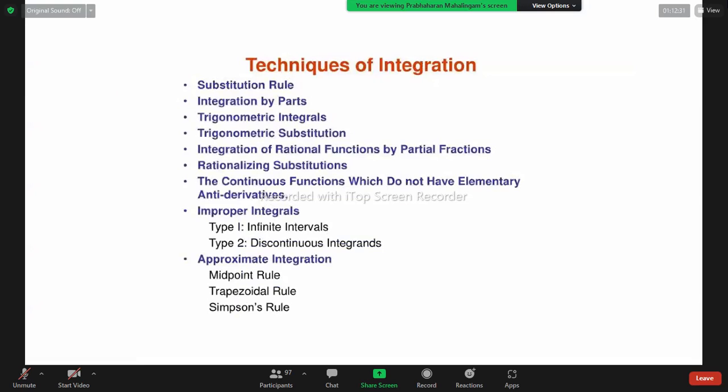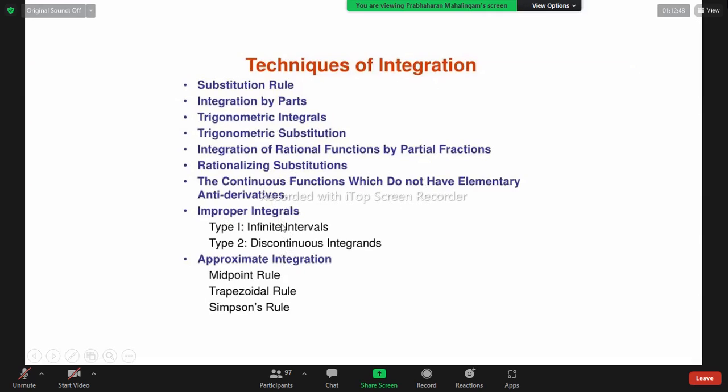So tomorrow we will see other definite integrals. This is the partial fraction, substitution.